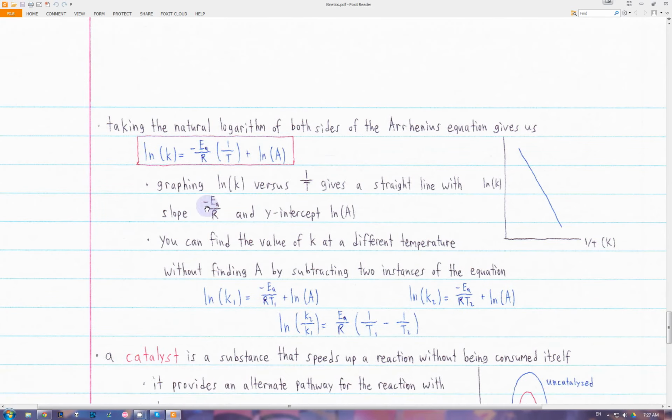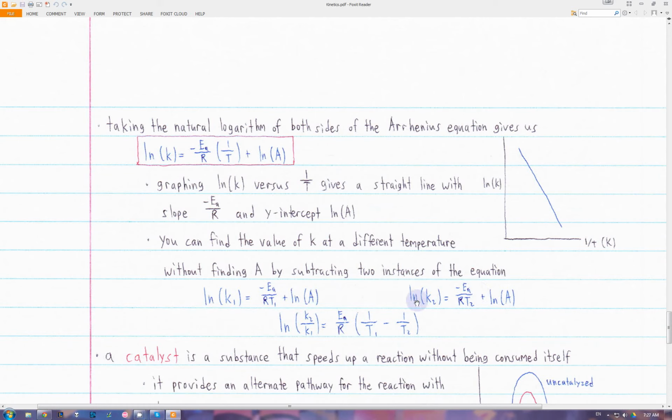Oftentimes you want to find, let's say you have a certain temperature T1, which leads to a certain rate constant k1, and you want to know what the rate constant will be if you change the temperature to T2. To do that, we can write the equation two times, once for each temperature, and then subtract the two equations.